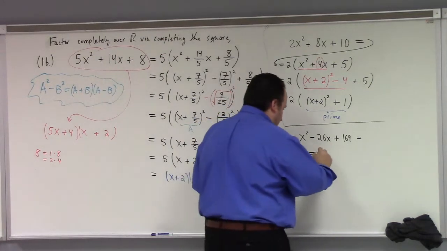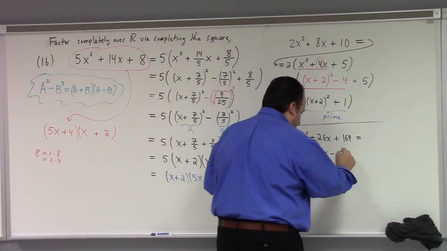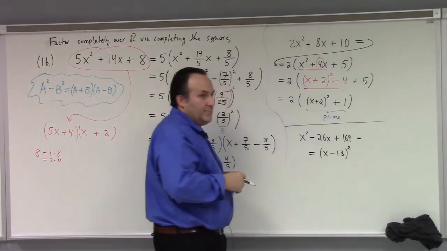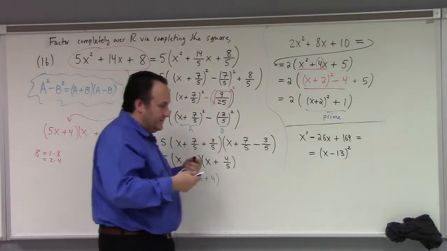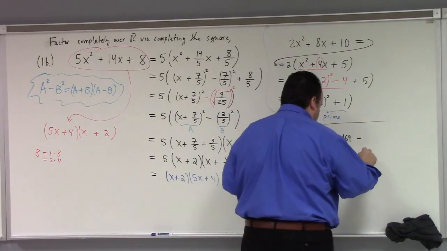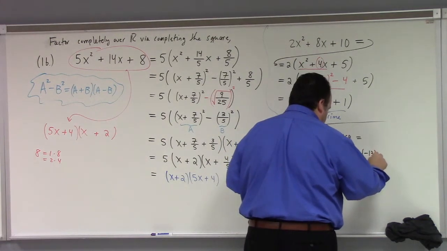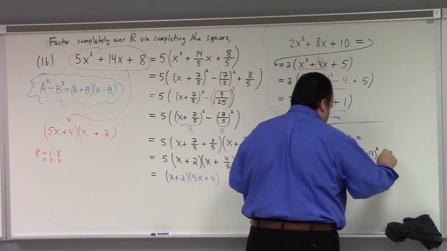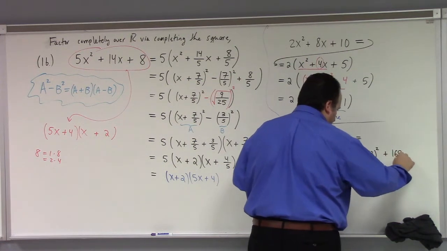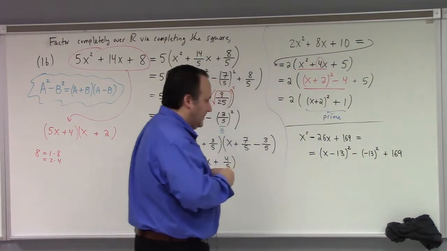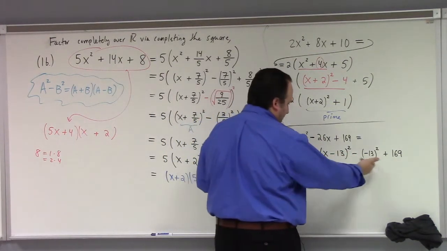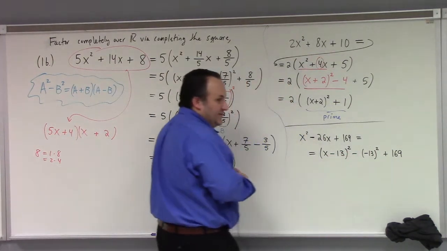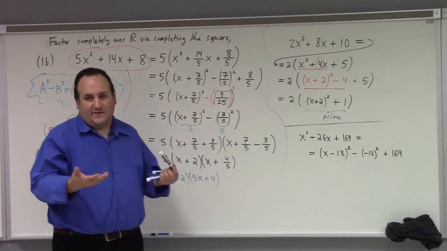So in this one, we do x minus 13 quantity squared, right? Now to be fair, I've just added 169 by doing that. I've added 13 squared, so I have to subtract 13 squared. I wrote the minus here just to emphasize the interplay between these two terms, but you don't really need to put a minus there, because you're squaring it.